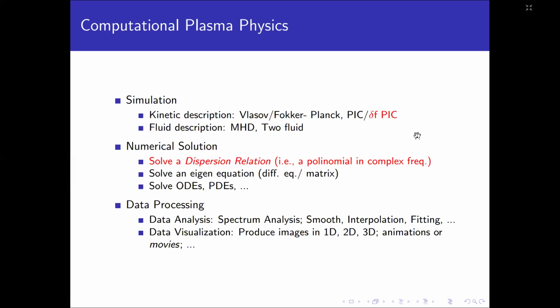First, I think it is important to place some of the topics I will be talking about in the big picture of what computational plasma physics is. In computational plasma physics, basically we can do three things. For example, we can do a simulation. This can be kinetic, with a kinetic description, or with a fluid description. In a kinetic description, we usually want to simulate a problem based on the Vlasov or Fokker-Planck equation. Or maybe we use particles to sample some distribution function, which is the basics of particle in cell.